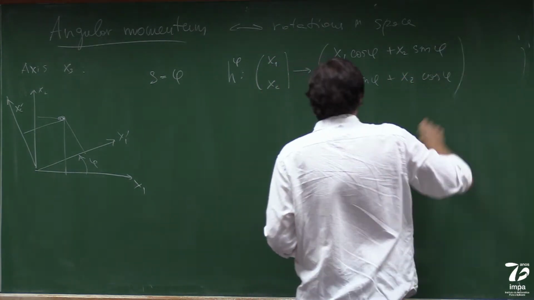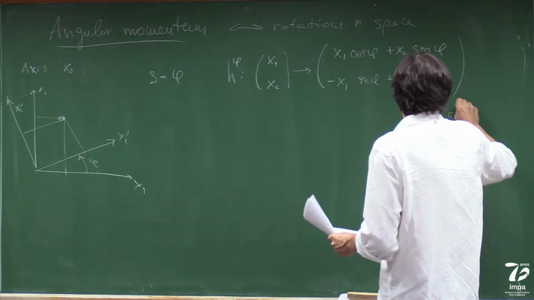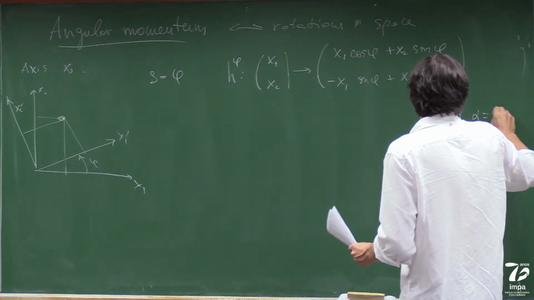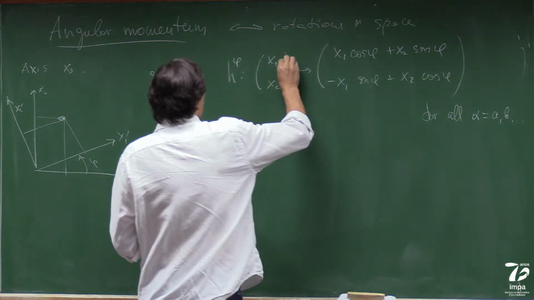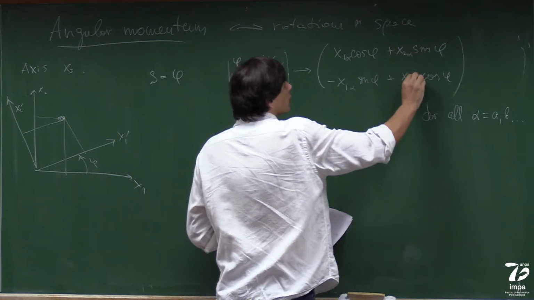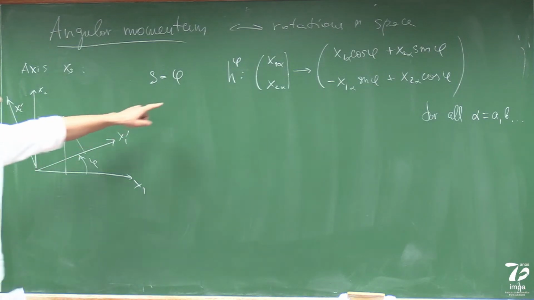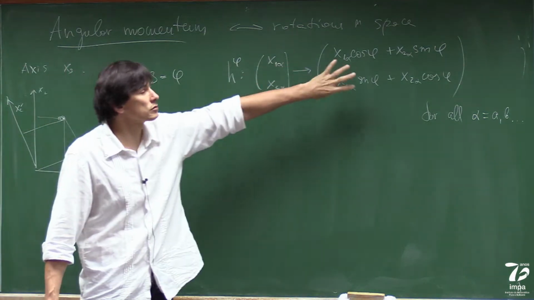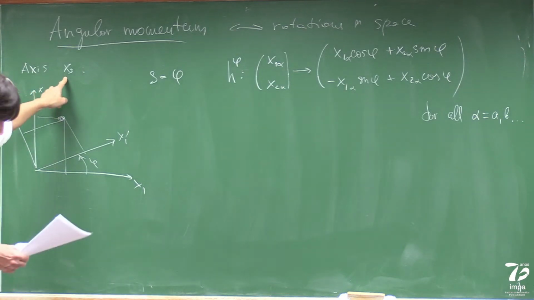This expression is for all material points, so it means that we have to put alpha everywhere. So this is how we change coordinates. We had coordinates of all material points, and now we have a symmetry which rotates all of them by angle psi around the third axis.